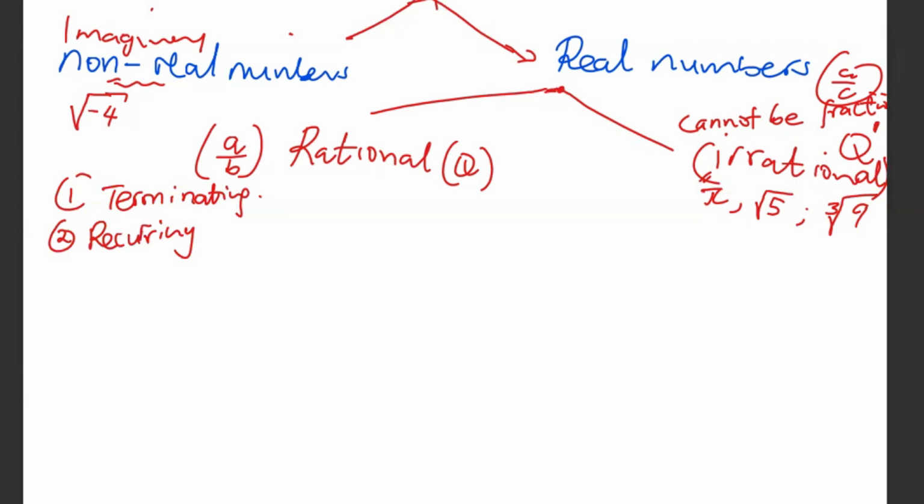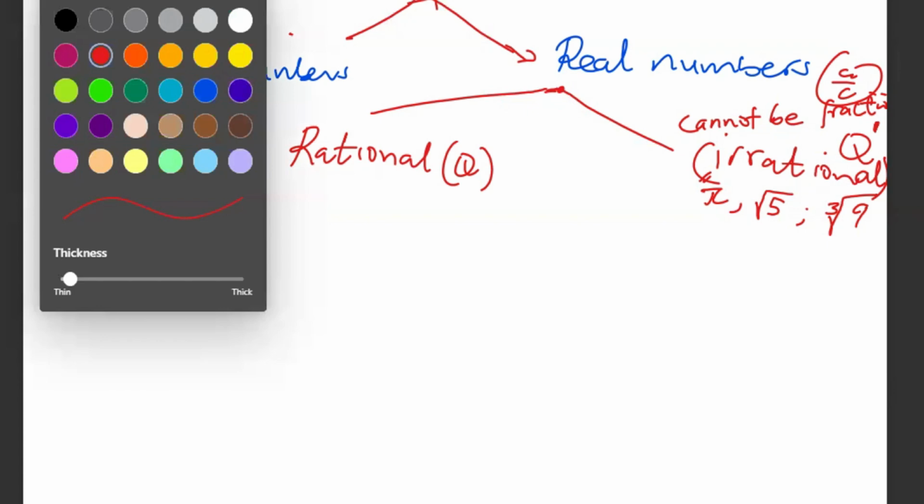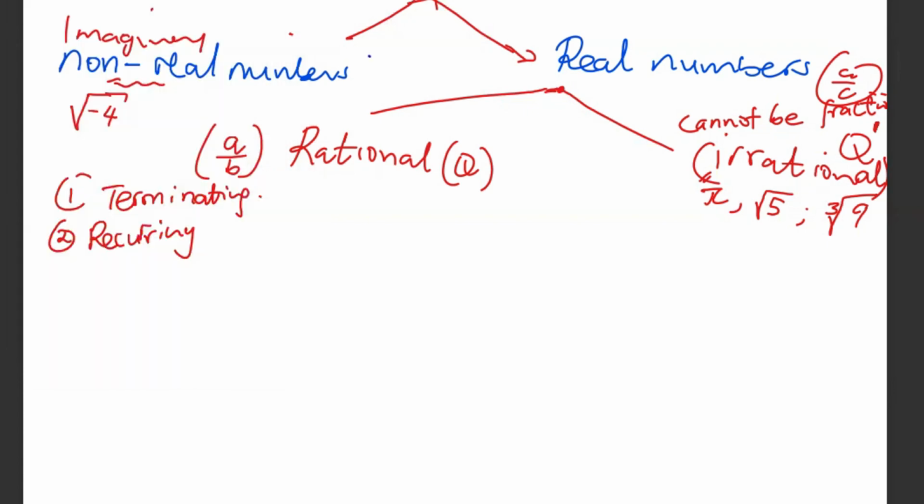For terminating fractions, we can have something like 0.5 or 0.75. The reason we call it terminating is because it comes to an end. In other words, after the comma, the numbers are specified: there will be maybe two, three or four numbers, and there's an end to the fraction.